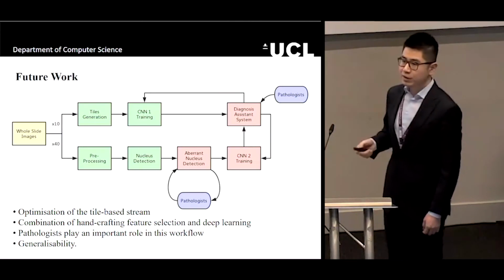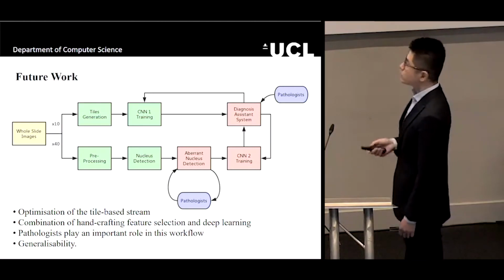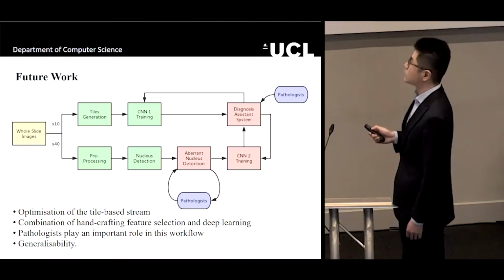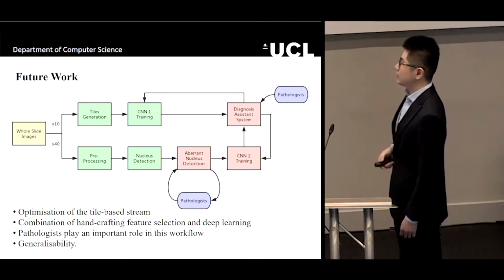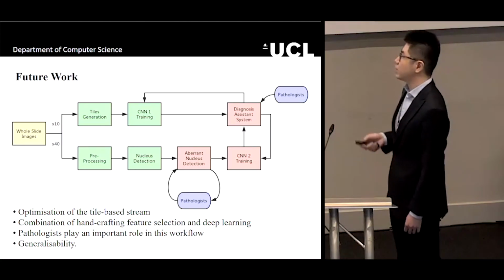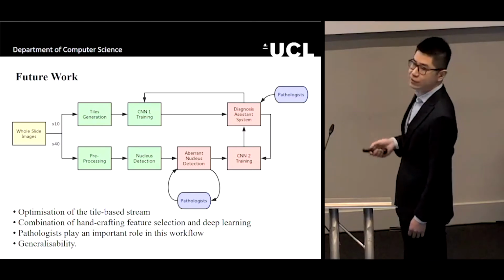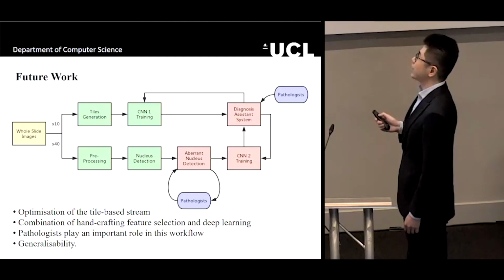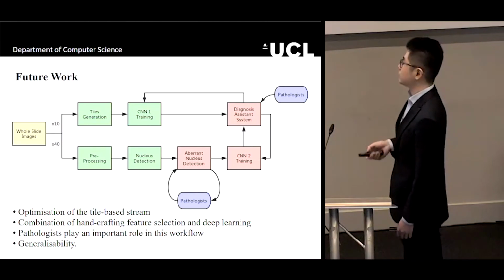Currently my work is just a good starting point, and there is a lot of future work that needs to be done. The first is some optimization of the first part, which is tile-based, to increase the accuracy a little bit. In the second part, we integrated handcrafted feature selection together with unsupervised learning here and the CNN here to capture the nucleus feature. I believe if we integrate the CNN2 into the system, the overall performance can be largely increased.